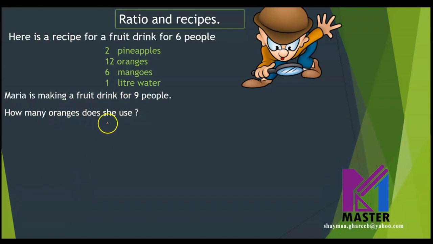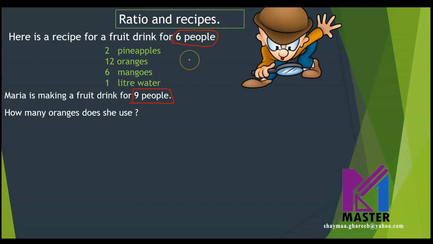How many oranges does she use? So the ingredients I have here serve 6 people. And we need to know how many oranges she can use if she wants to serve a drink for 9 people.